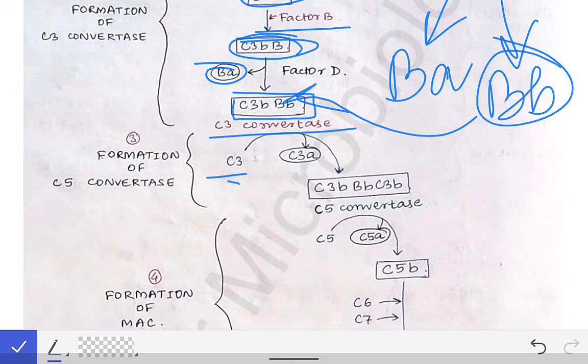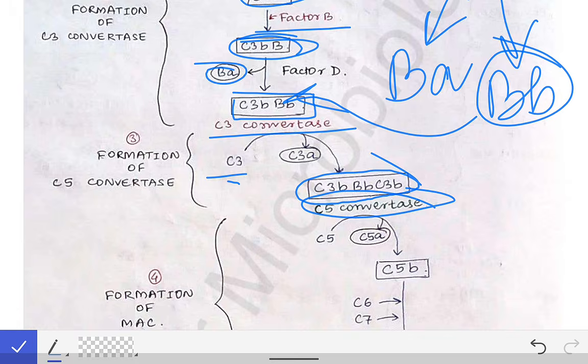Since C3b is a larger fragment, that gets involved in the complex formation. So there is formation of the C3bBb and then C3b complex. Now this complex acts as the C5 convertase. That is the third step in the complement activation.